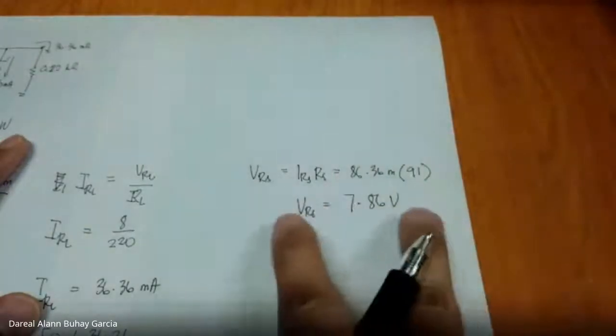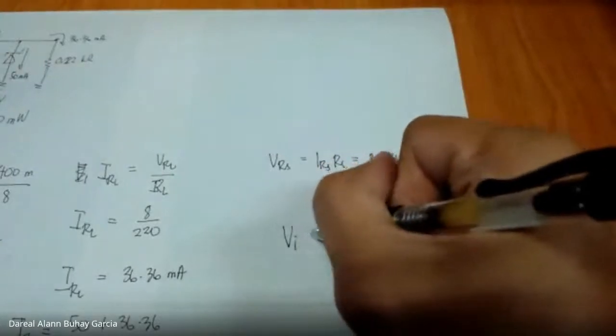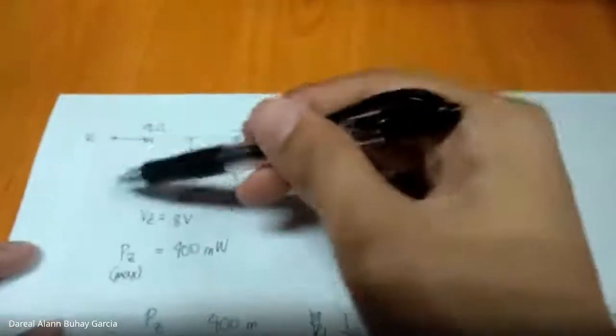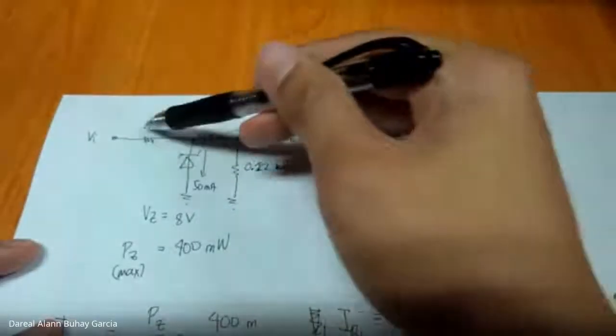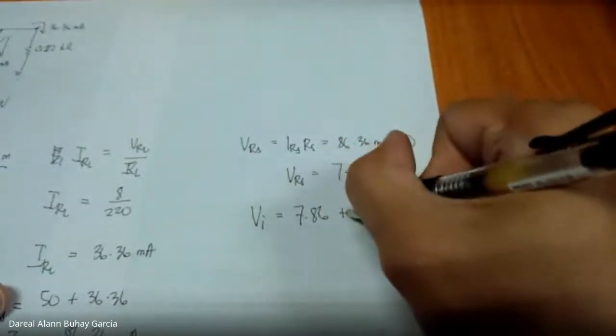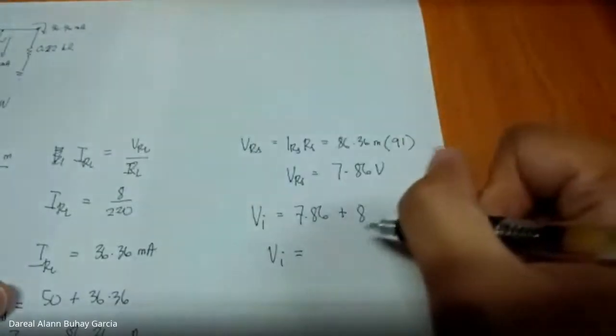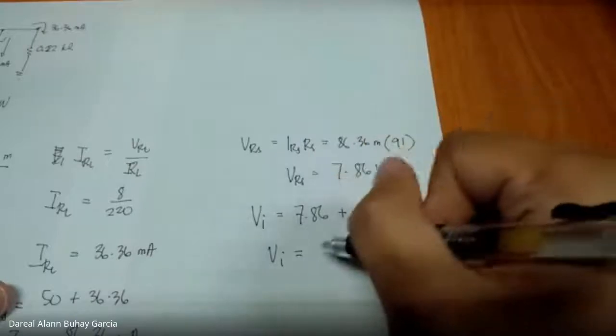So VI is equal to the voltage here plus the voltage here: 7.86 plus 8, which is 15.86 volts.